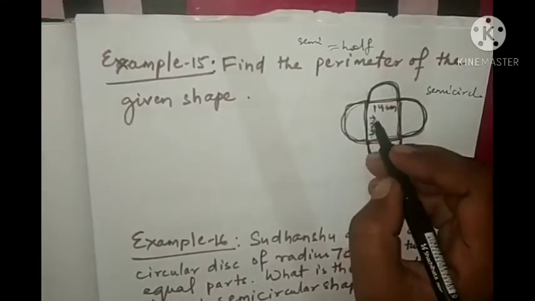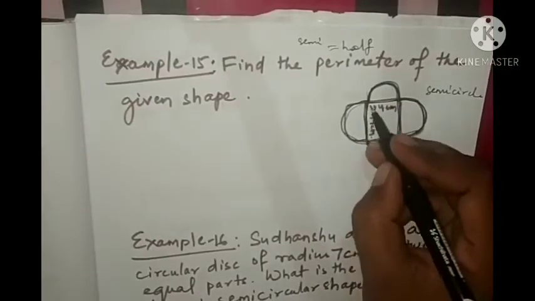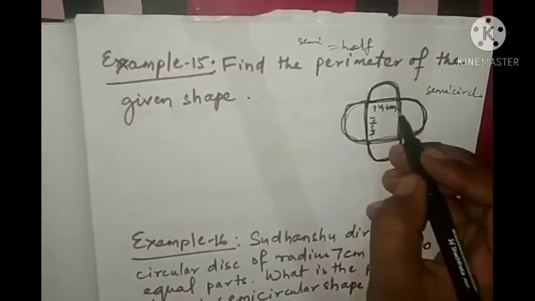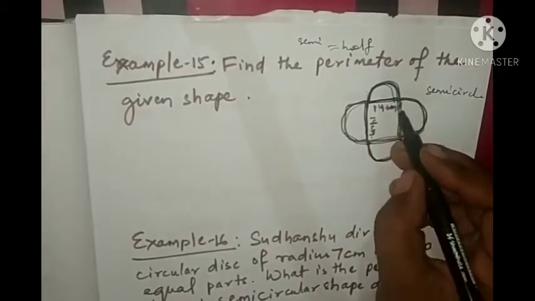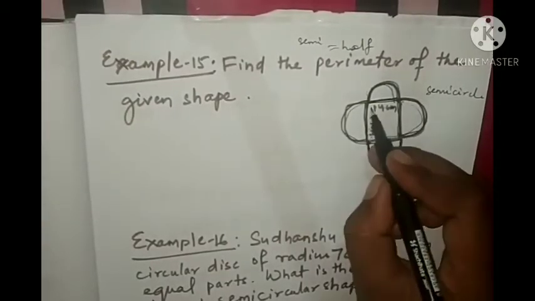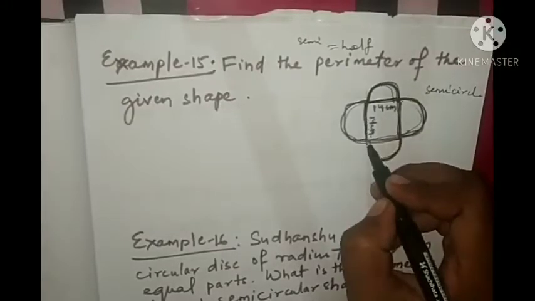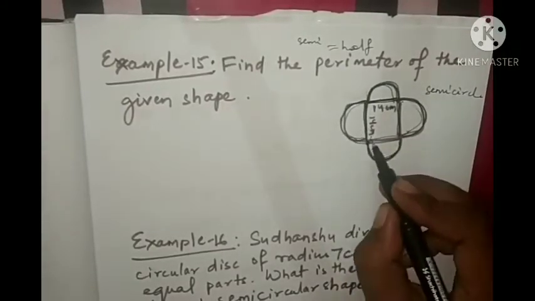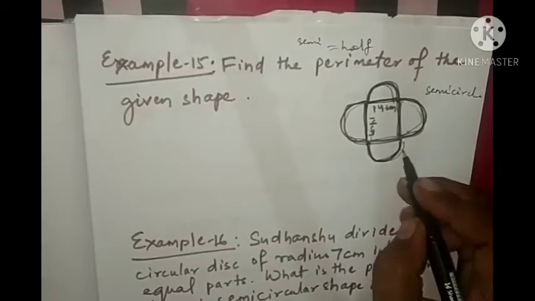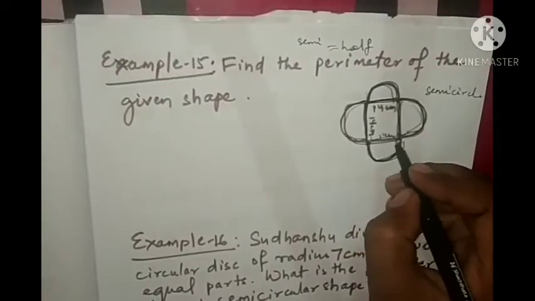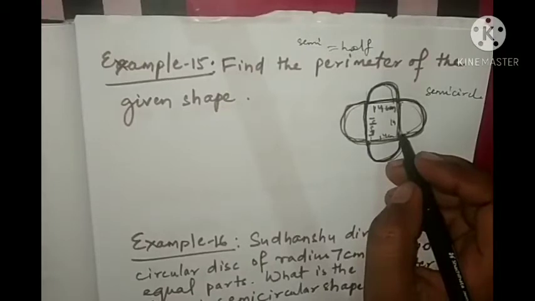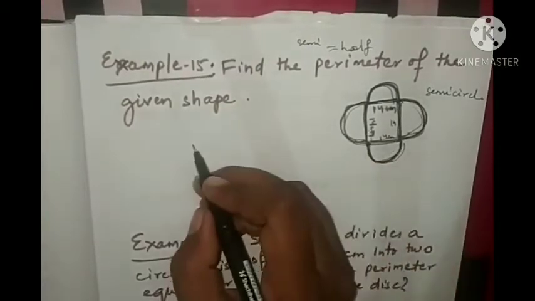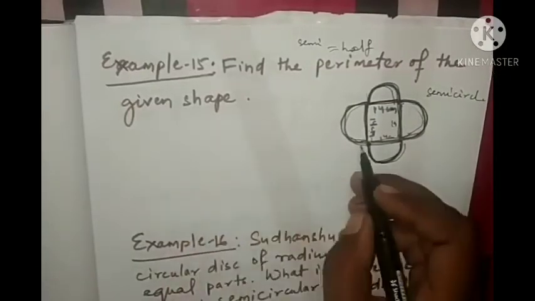Okay. So look at here. If this is half circle, then this is diameter. This is also the diameter of this semicircle. This is the diameter of this circle, and this is the diameter of this circle. So all the diameters are what? 14 centimeter. If diameter is 14 centimeter, then what is there? We have to find out the radius.